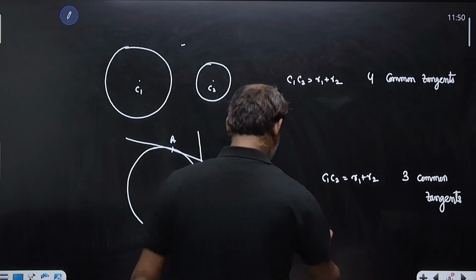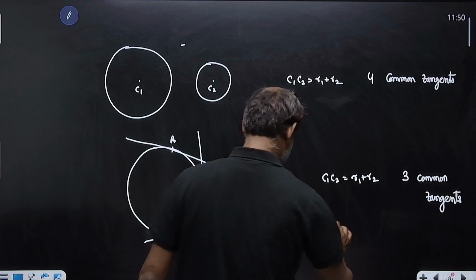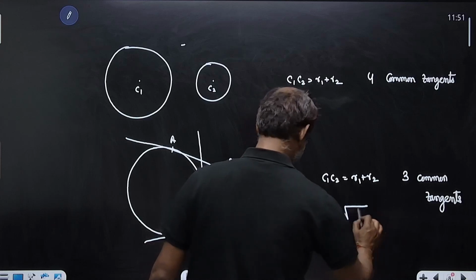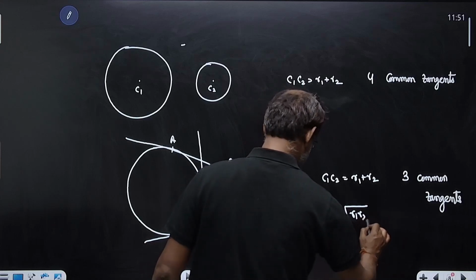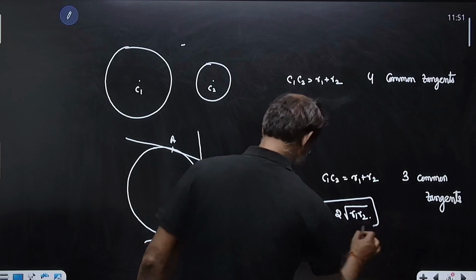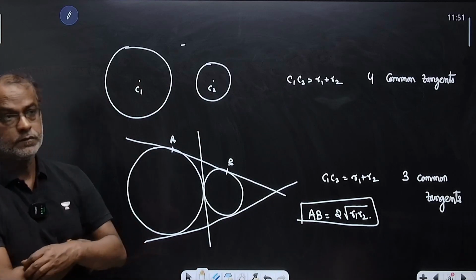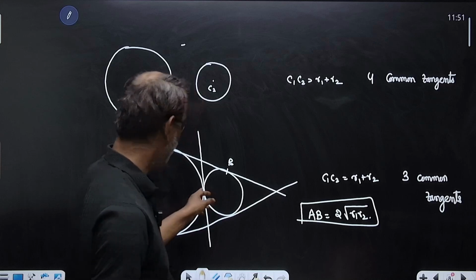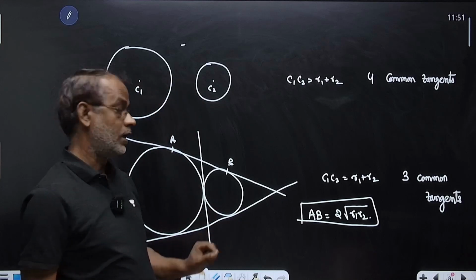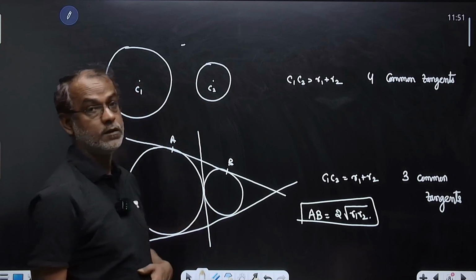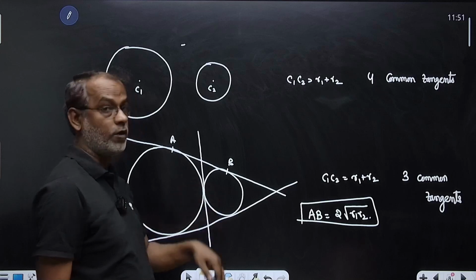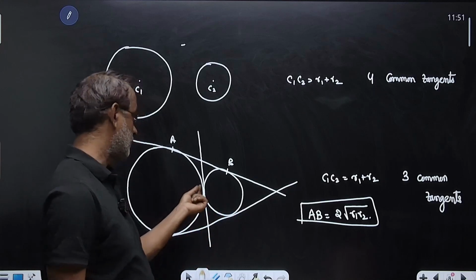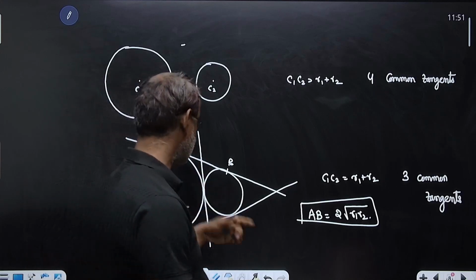Here you see AB, the length of direct common tangent, is 2 root R1 R2. The point of contact remains the same, so the transverse common tangent's length effectively is 0.